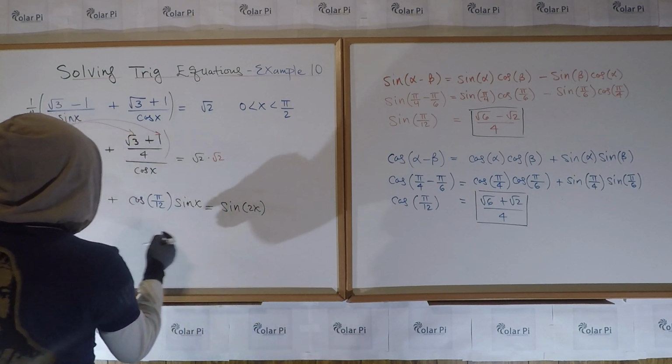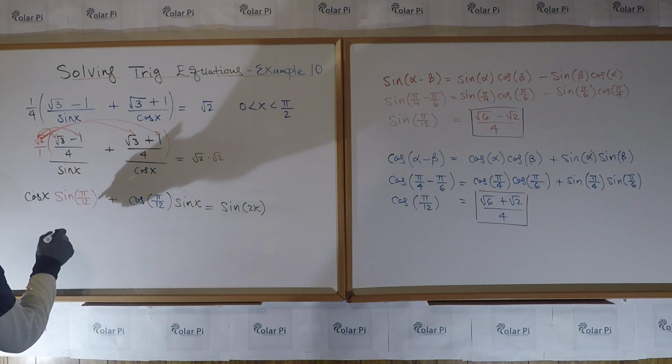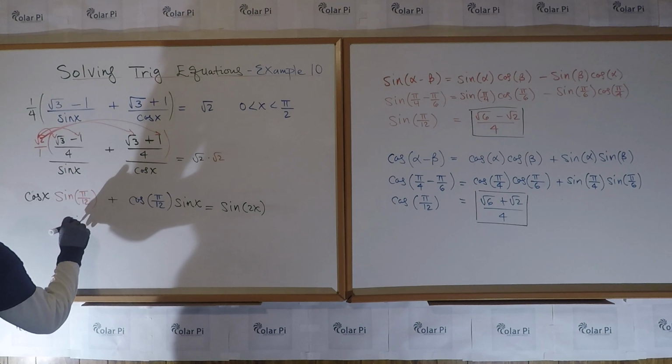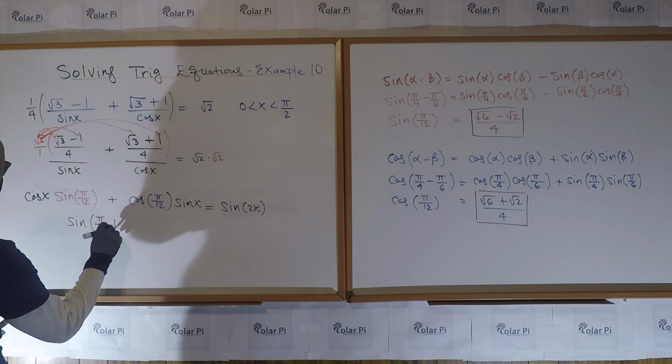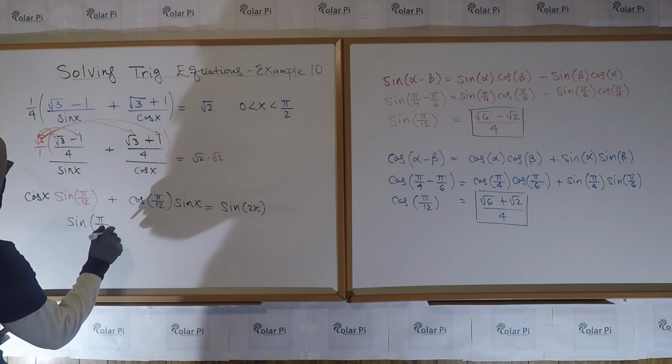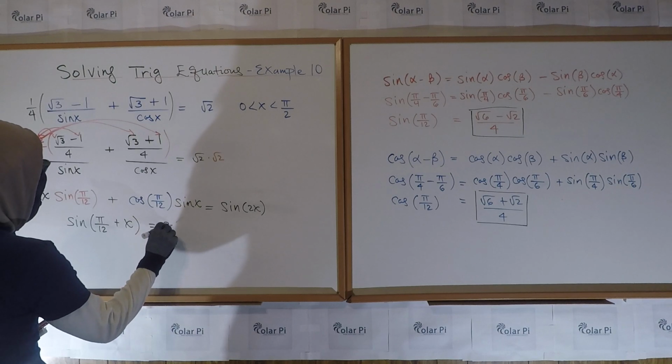Furthermore, we notice that the left side is equal to sine of pi over 12 plus x using the sine angle addition formula, right? So we have this equal to sine 2x.